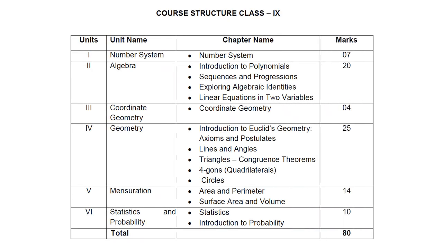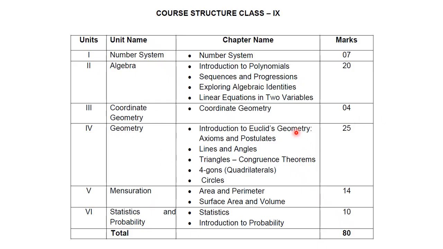The course structure here. So the marking scheme you can see: number system 7 marks, algebra. Algebra, which topics? Introduction to polynomials, sequences, exploring algebraic identities, linear equations in two variables. These four chapters in algebra have 20 marks weightage. Coordinate geometry, 4 marks.